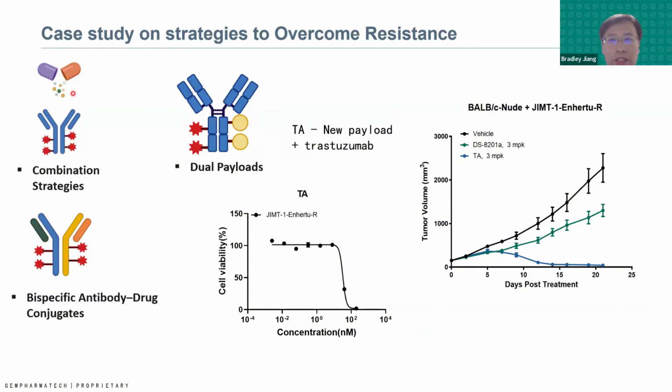To overcome ADC resistance, the conventional methods include combining with other drugs, increasing antibody recognition of targets by specific antibodies, and conjugating with different payloads.